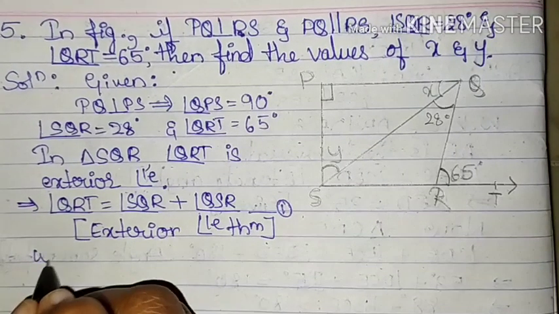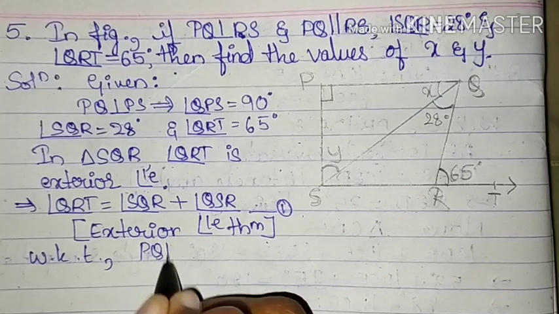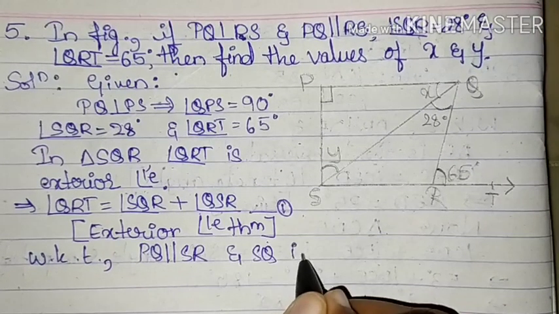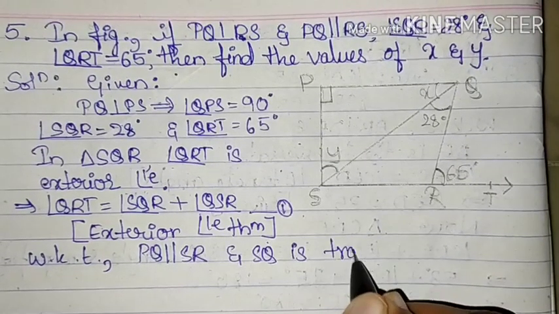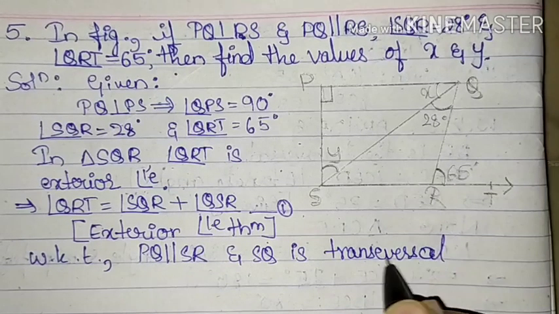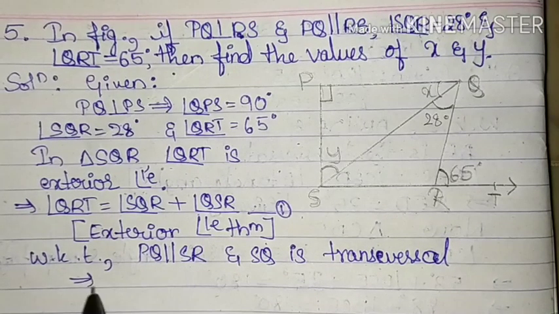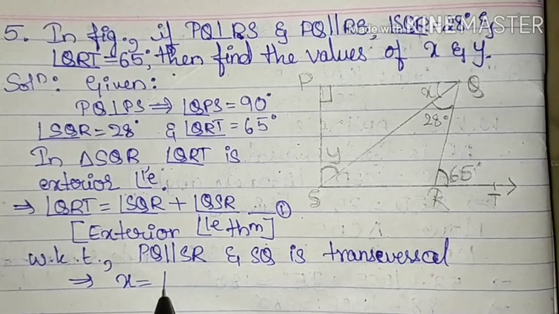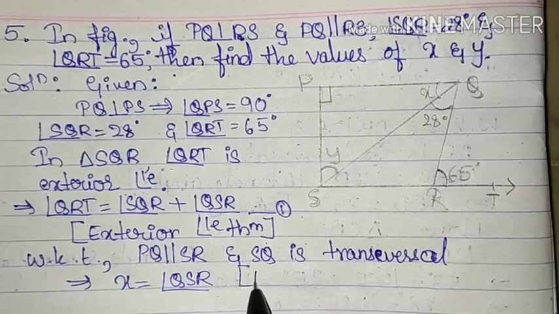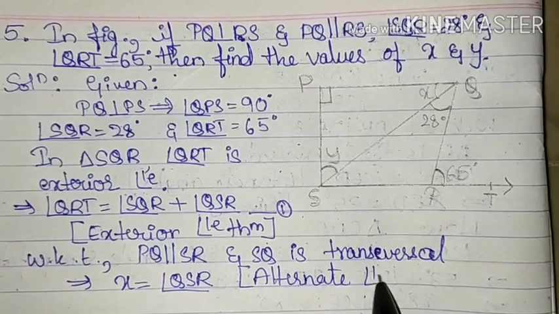Now we know that PQ is parallel to SR and SQ is the transversal. So this implies x is equal to angle QSR, because they are alternate angles.